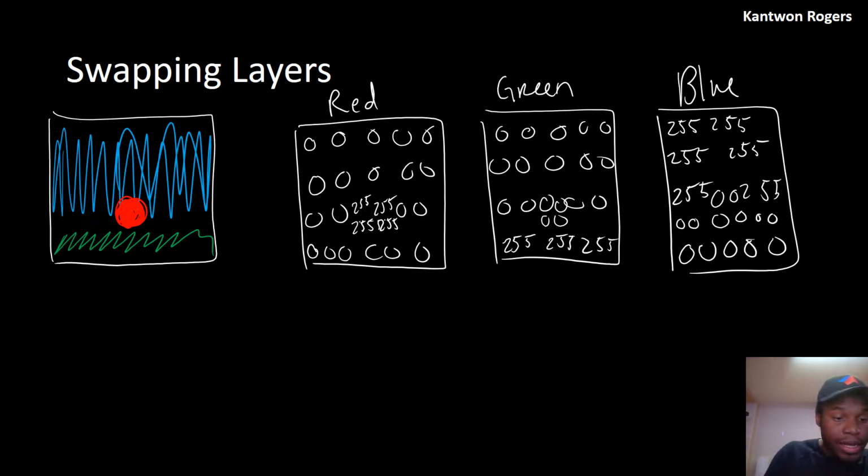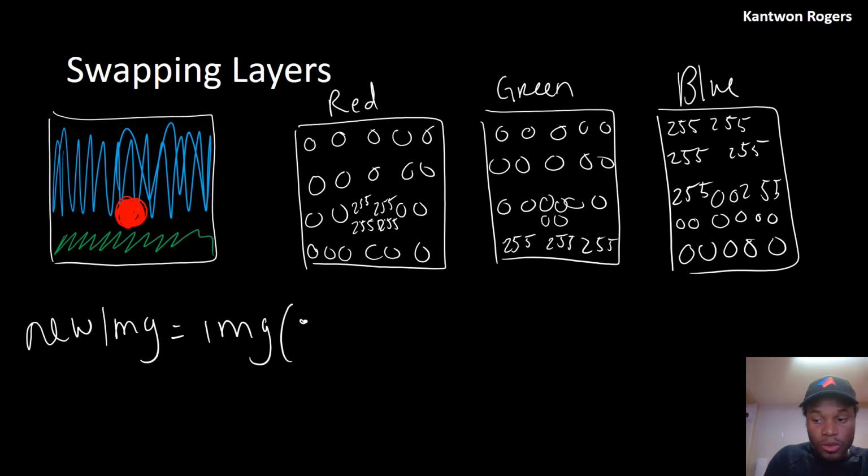And if I did some line of code to swap these layers, so if I said new image is my old image, I want all of the rows, all of the columns, and for my layers, I index it such that my first layer is actually my third, my second is my first, and my third is my second.